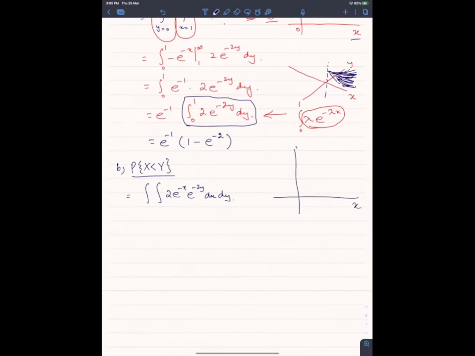ये मेरे पास xy रीजन है. कौन सा रीजन होना चाहिए? वो रीजन होना चाहिए जहां पे x less than y हो. So I have to integrate it over all small x, small y such that small x is less than small y. ठीक है.